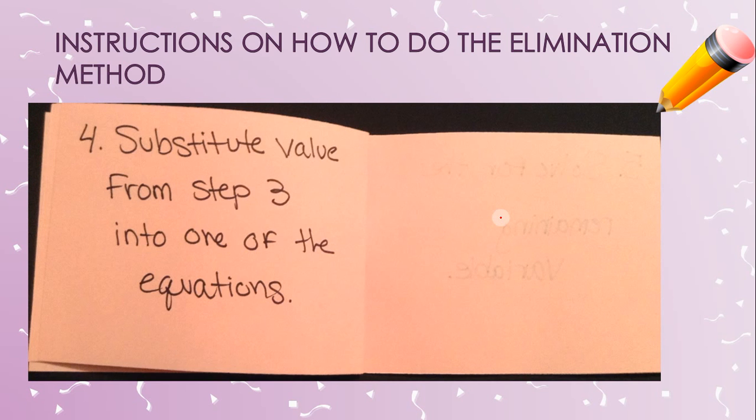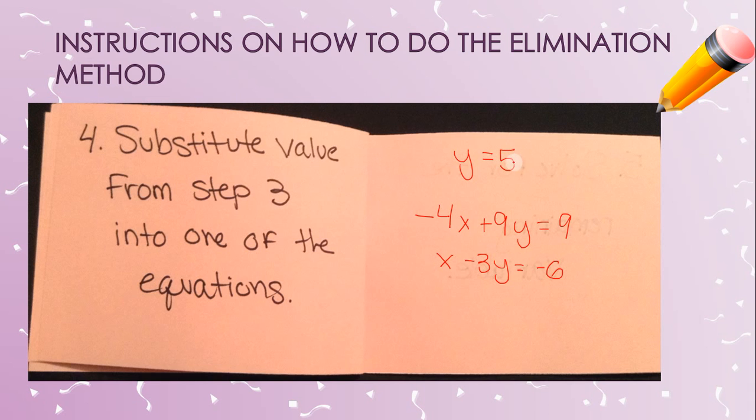Next step. What we're going to do is substitute the value that we just got, which was y equals 5, into one of the two equations we had. So negative 4x plus 9y equals 9, or we can put it into x minus 3y equals negative 6.